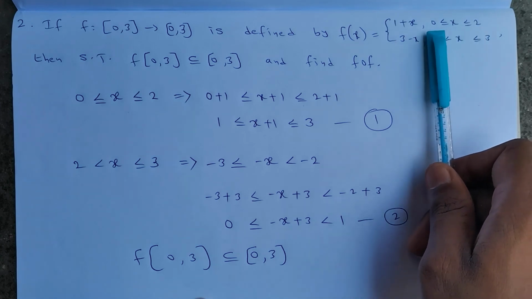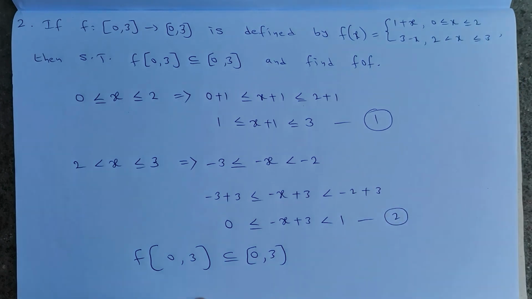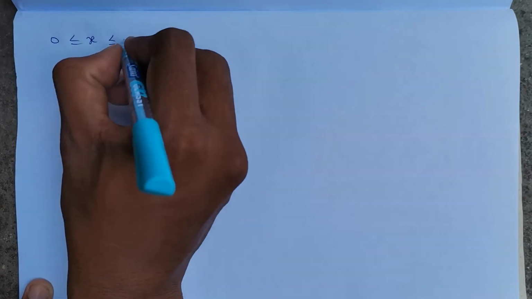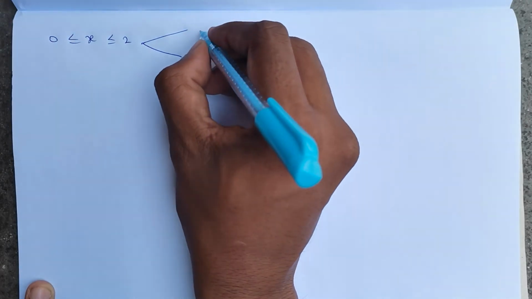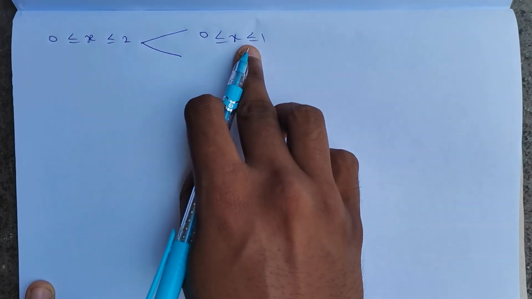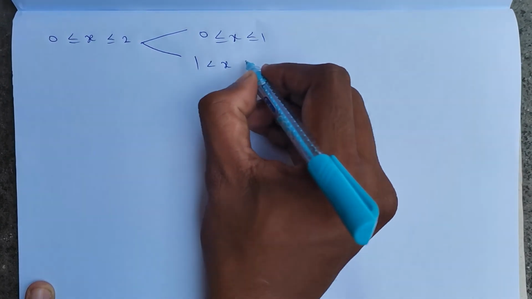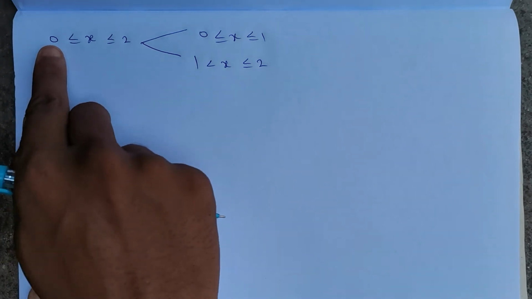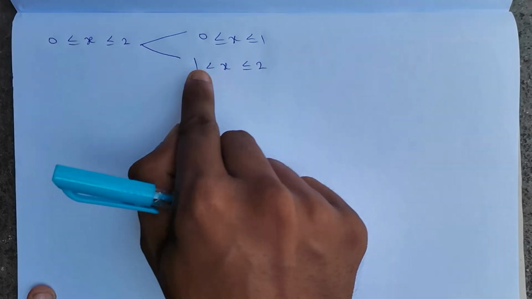This first condition I will divide again into two conditions. 0 to 2 I am dividing as 0 to 1 and 1 to 2.